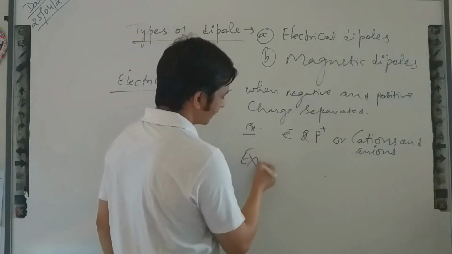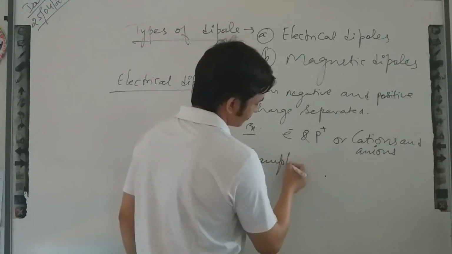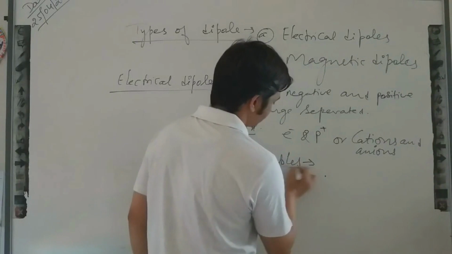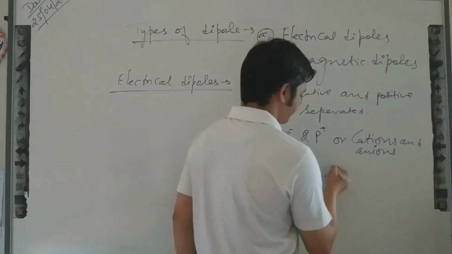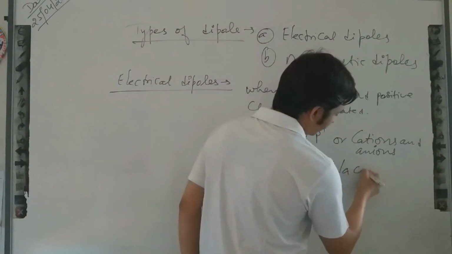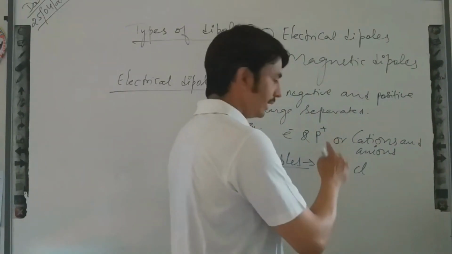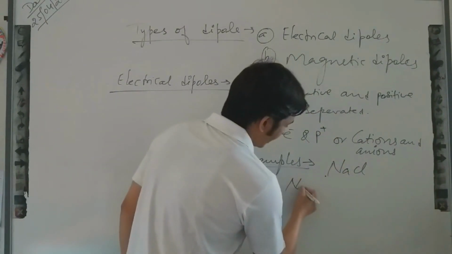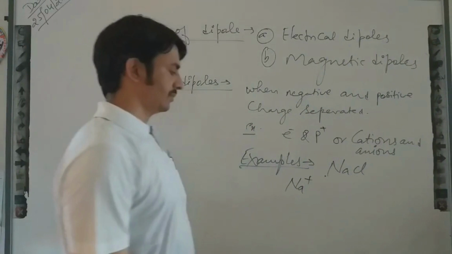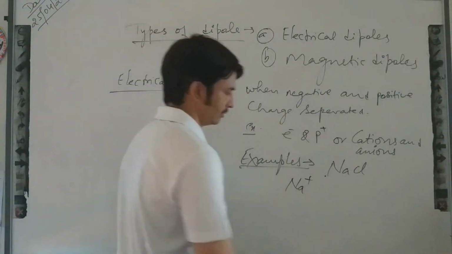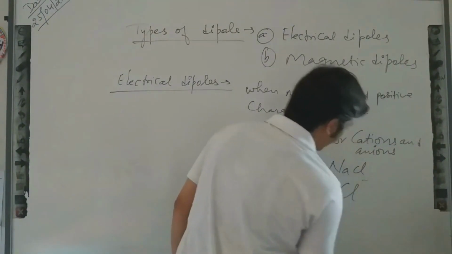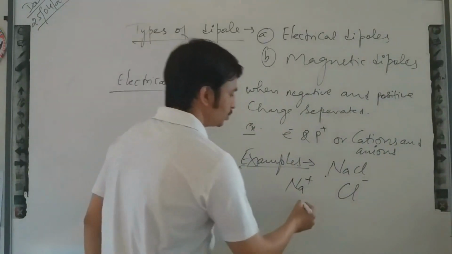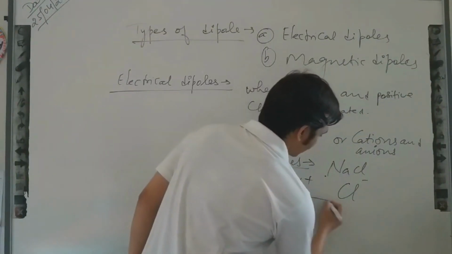Examples of electrical dipoles: NaCl. In NaCl, Na is a positively charged particle and chlorine has negative charge, and these two are kept at some distance.